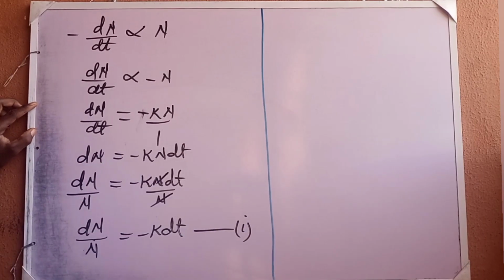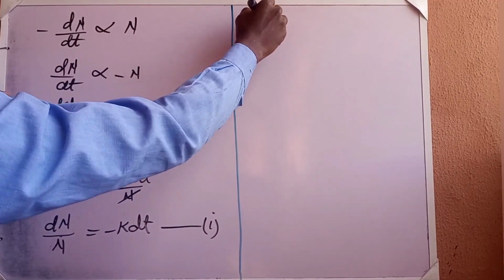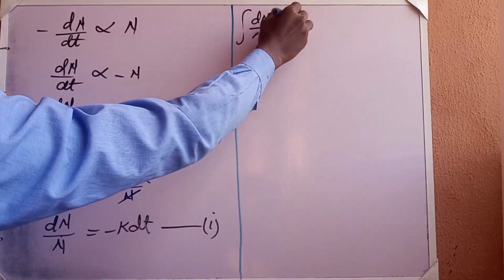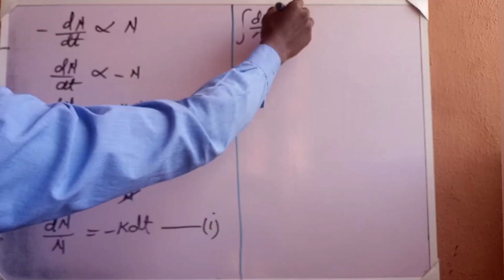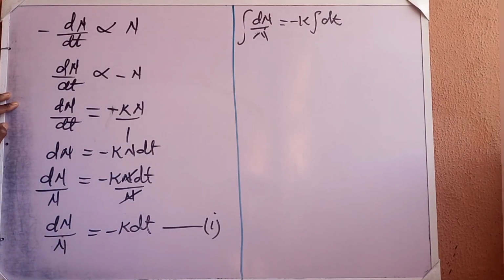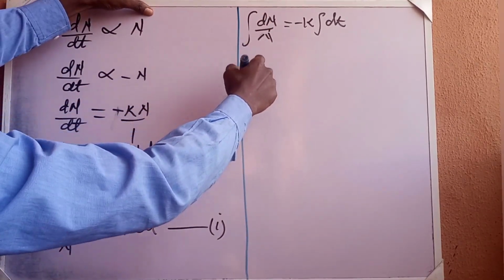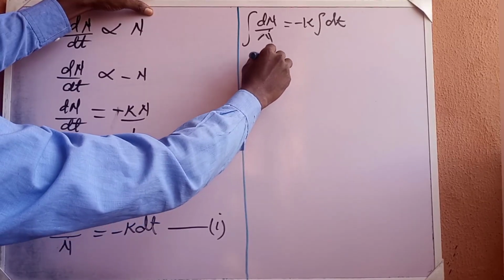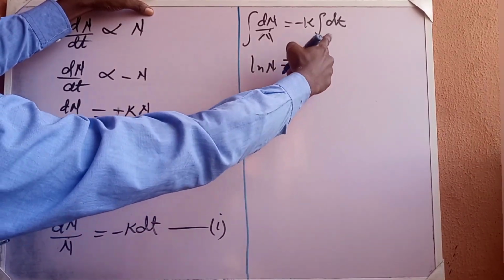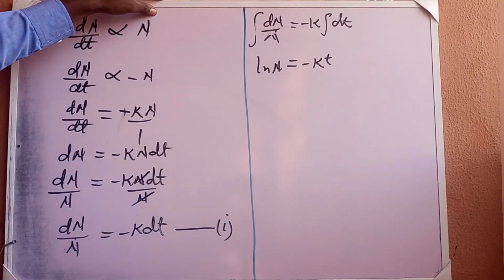When I do that, I'm going to have the integral of dN upon N equal to, this is a constant, negative k integral of dt. All right, when you integrate dN upon N, that gives you ln N. So we are going to have ln N for this, and this will be equal to negative k times the integral of dt, which gives t.